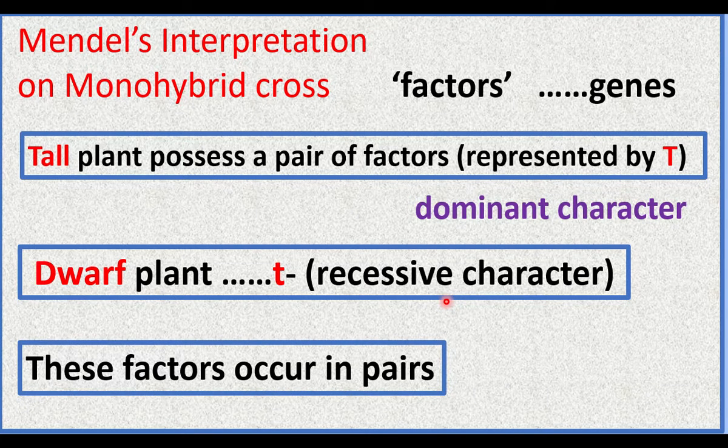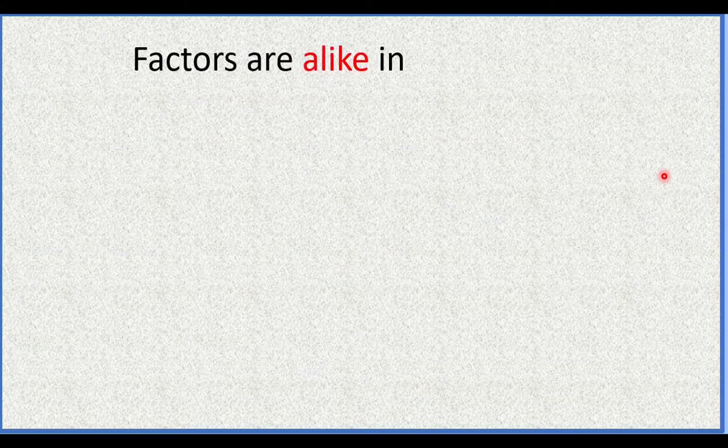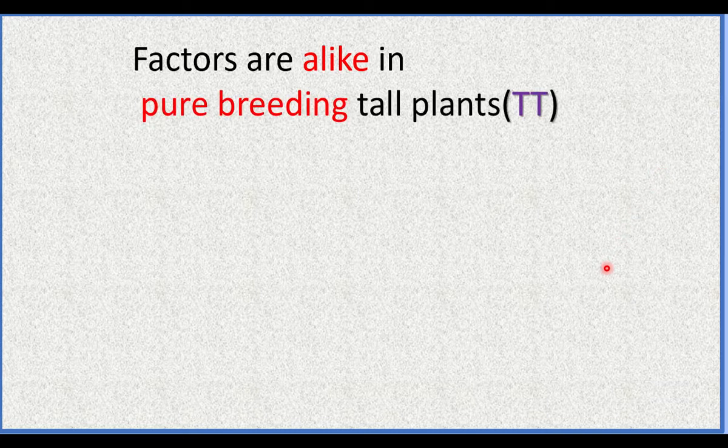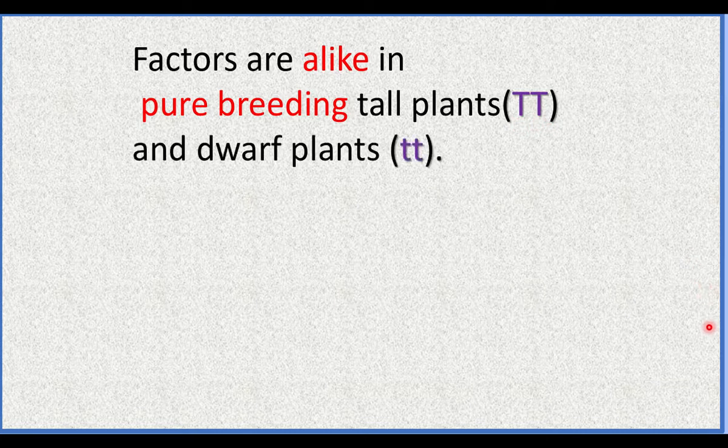These factors occur in pairs. That means capital T capital T or capital T small t or small t small t. The factors are alike in pure breeding tall plants, that is capital T capital T, and dwarf plants, small t small t. This is homozygous condition.